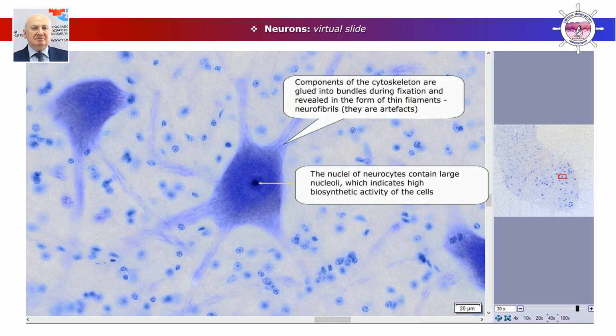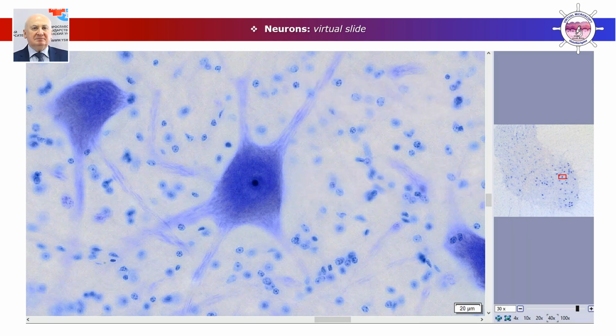Components of the cytoskeleton are glued into bundles during fixation and revealed in the form of thin filaments, neurofibrils. They are artifacts. The nuclei of neurocytes contain large nucleoli, which indicates high biosynthetic activity of the cells.